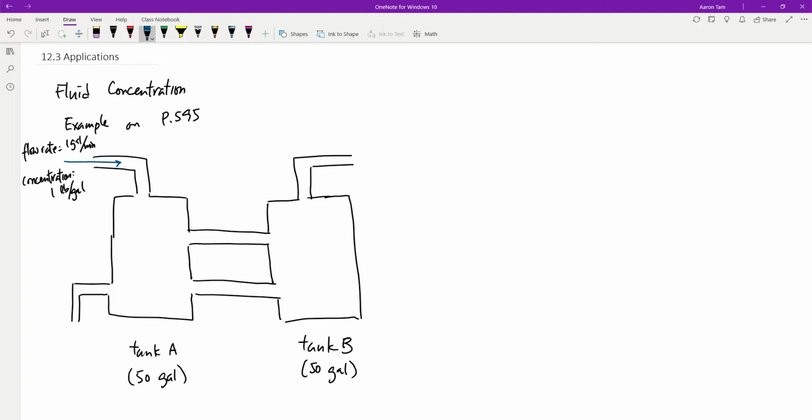On this side, there's another liquid flowing in, and this one has a flow rate of 1 gallon per minute also. But this is pure water. That means there's no concentration. The concentration, technically speaking, is 0.